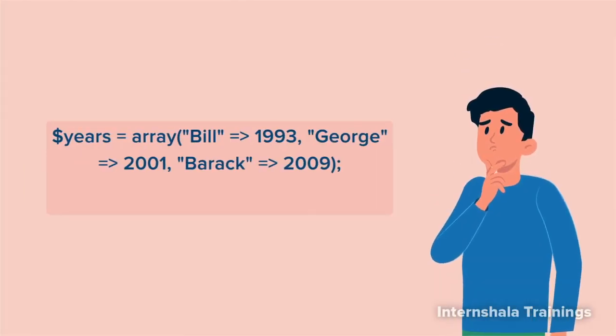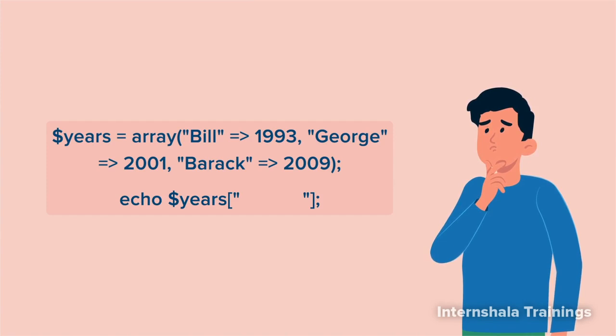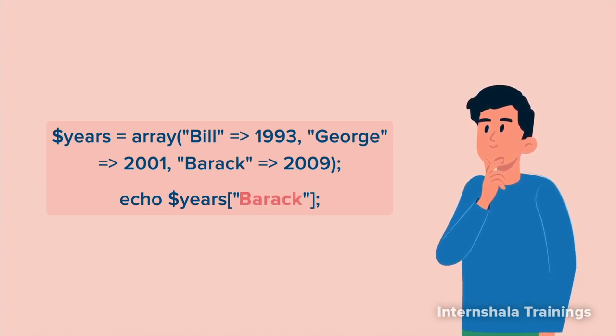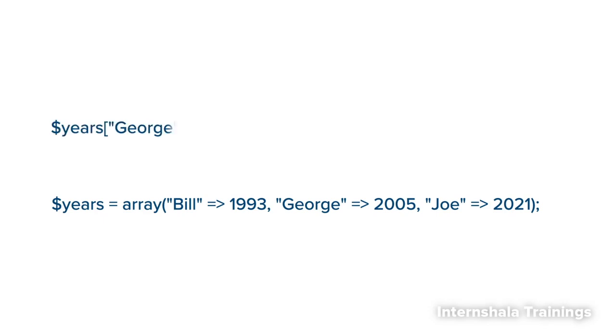Also, printing the element in case of associative arrays is simple. Say, we want to print the value corresponding to Barack. Can you guess what value we will enter here? It will be Barack, because in case of associative arrays, the indices are the strings or the texts, which in this case is Barack. Similarly, we can replace the value of an element like this, and we can add a new element like this.